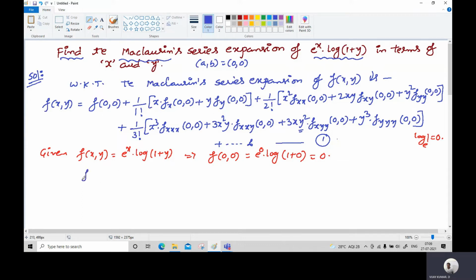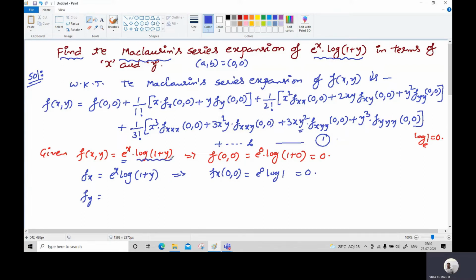Now fx means partial differentiation of the given function with respect to x. In this case only e power x is the variable. Differentiation of e power x is itself e power x into log of 1 plus y. Replace the point, fx at the origin. So again you will get e power 0 into log 1. It would be 0. Next, f suffix y, it means partial differentiation of f with respect to y.